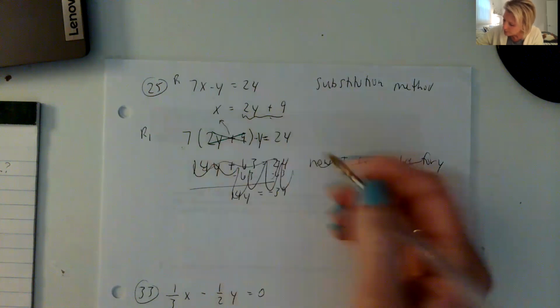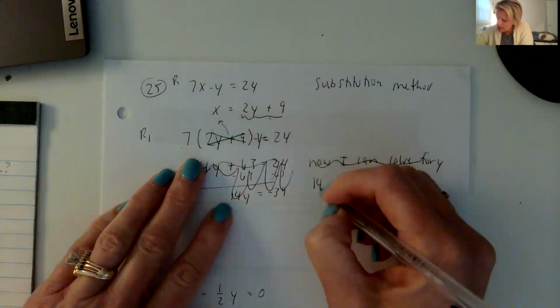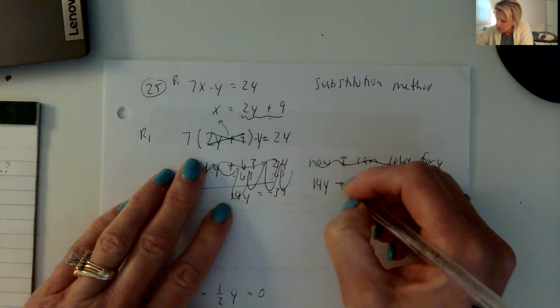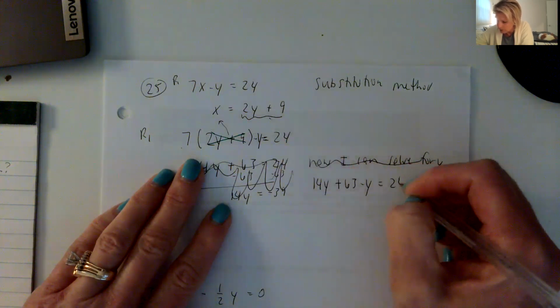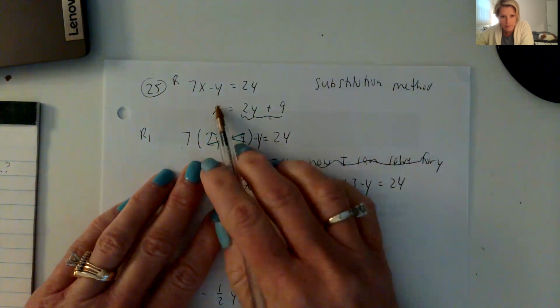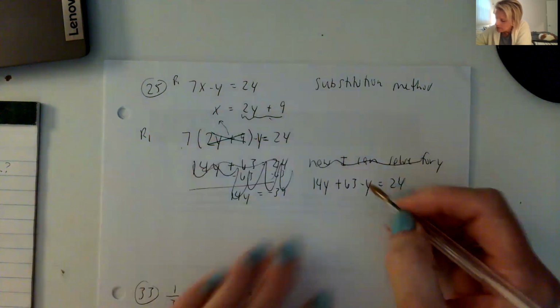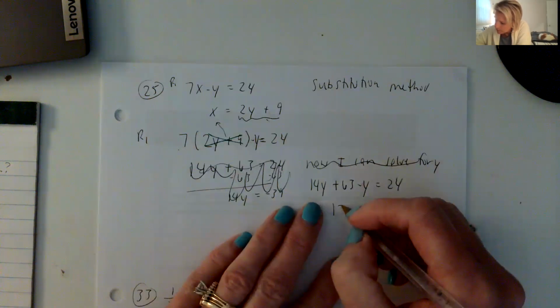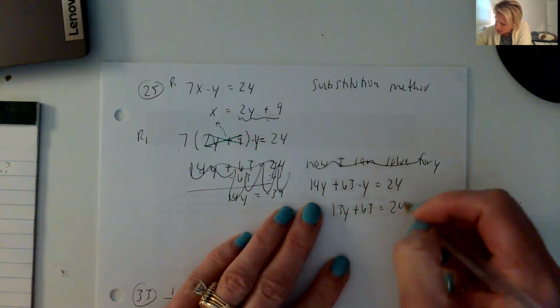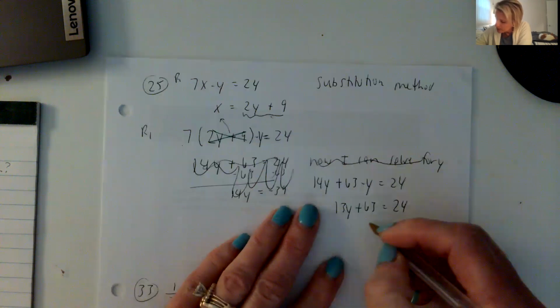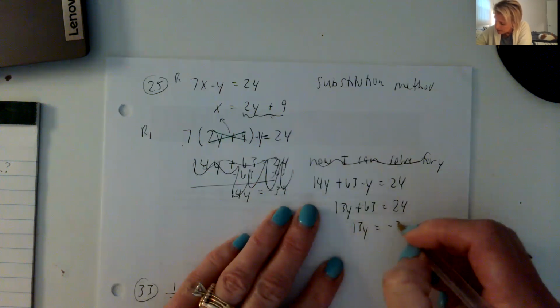So we're still going to distribute, and it's going to be 14y plus 63 minus y equals 24. I forgot about my minus y in my original row 1. So I really have 13 y's plus 63 equals 24. So now I can subtract 63 from both sides, and I still get negative 39.